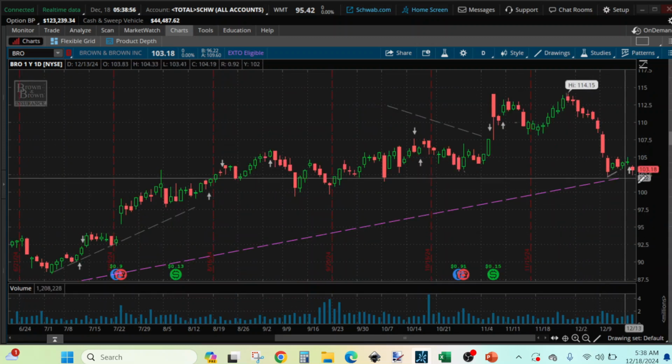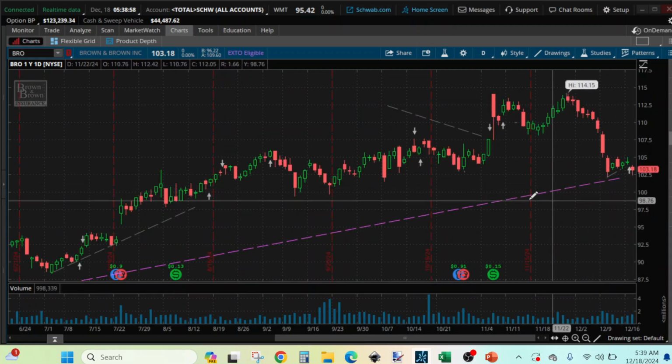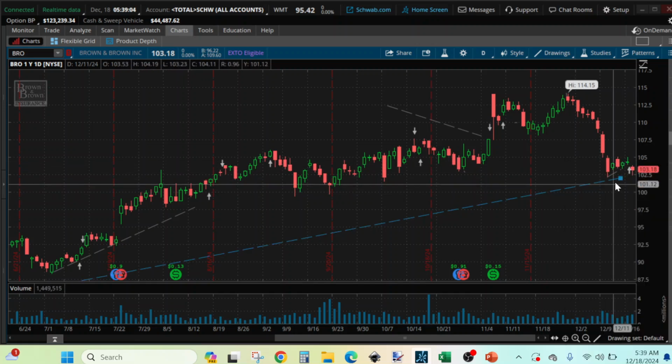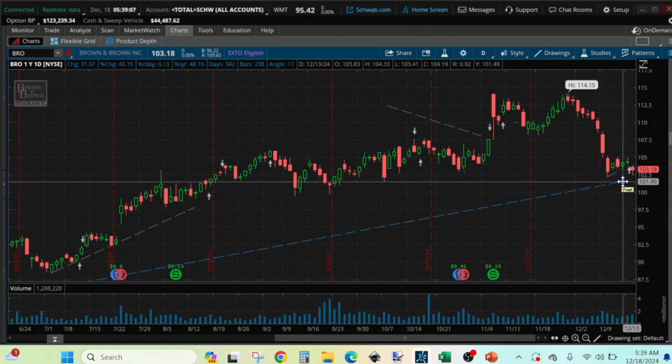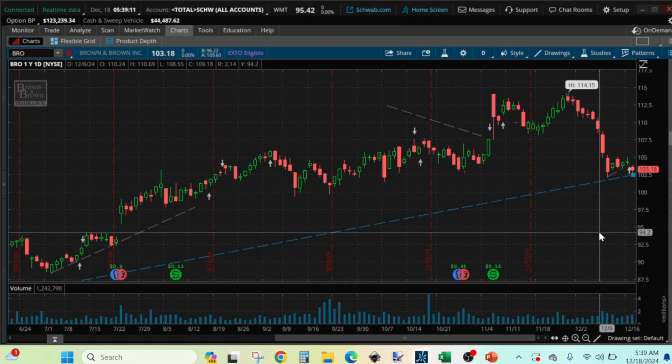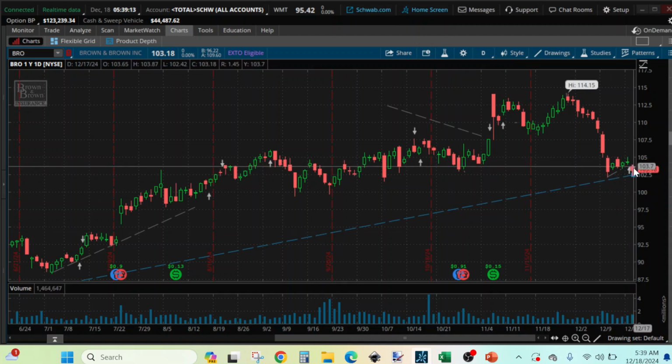But I'm not seeing, let me see if I can use that intersection there as a reference to properly extend this line. Okay, but you see that it pulled back again.